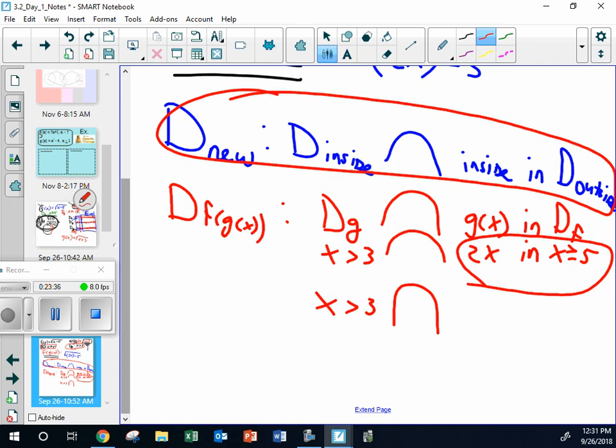If I was going to put it in, where would I put the 2x? The 2x will go in where the x was. So now it's 2x is greater than or equal to 5. Then I divide by 2, and I've got x is greater than or equal to 5 halves, same as 2.5.